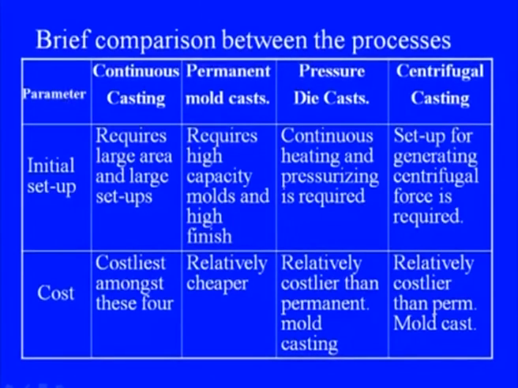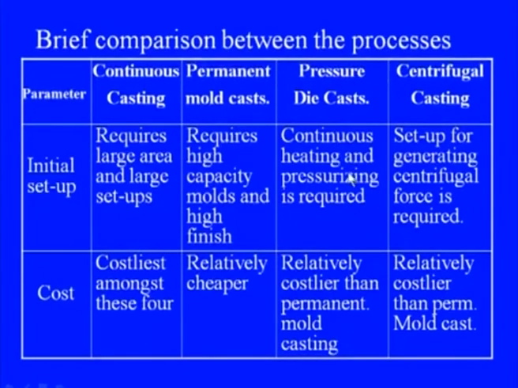The first parameter we can take up is initial setup. The continuous casting process requires a large area and large setups, whereas permanent mold casting requires high capacity molds and high finish. This is as far as the initial setup requirement is concerned.